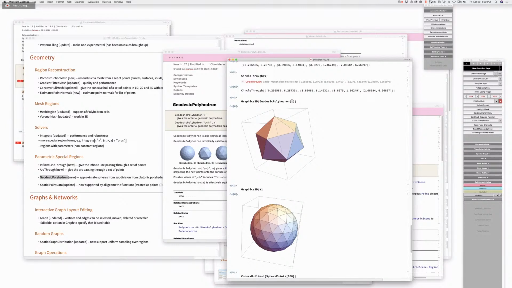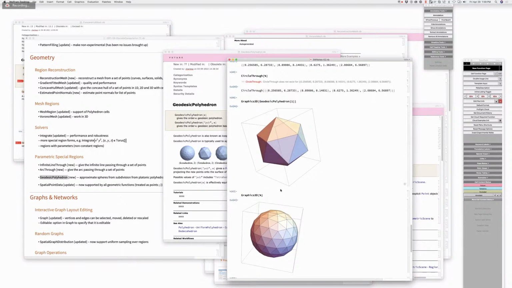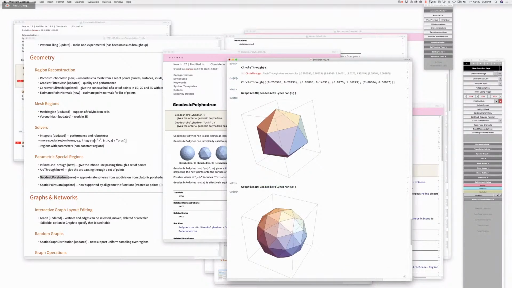This is the original, in this case the icosahedron, I guess. Okay, so that is the base case of the generic geodesic polyhedron. And if I go to 2, I will take every face of this and subdivide. Is that correct? Yes. Okay.